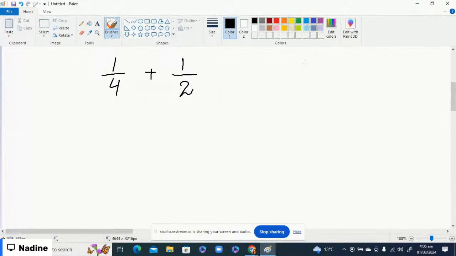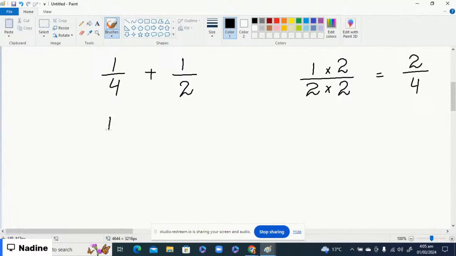So we are going to take 1 over 2, and multiply and divide with the same number, so that we get denominator 4. Tell me, 2 times which number gives 4? That is 2. Good. 2 times 1 is 2 and 2 times 2 is 4.